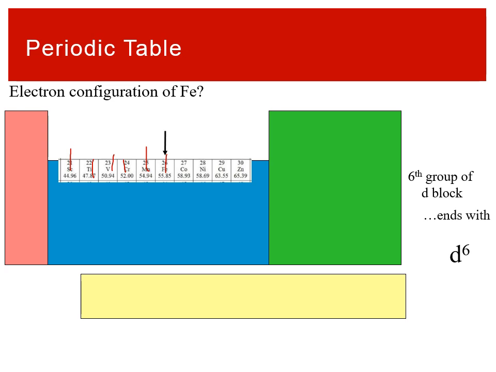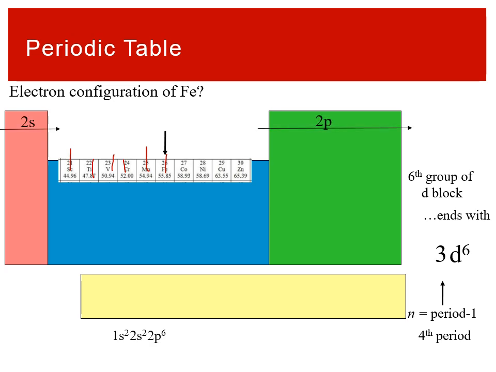So then the question is, what number goes in front of that d? That number is going to come from the period it's in. Iron is in the 4th period. For s and p type subshells, whatever the period is, that's the shell you're in. But d's are shifted by 1, so we get period minus 1 for n. That means it's 3d6. So the electron configuration ends with 3d6.